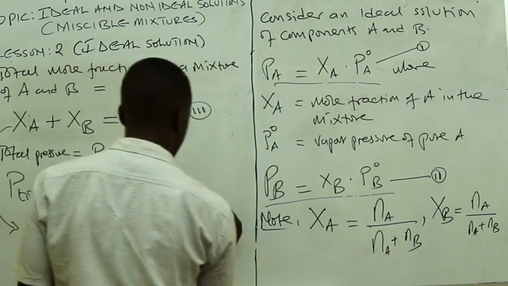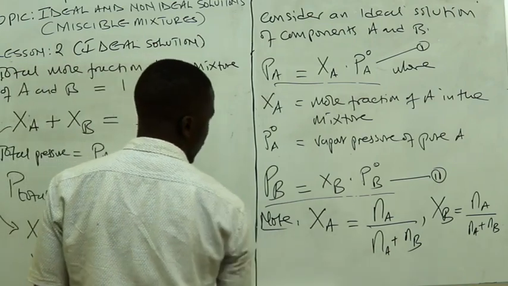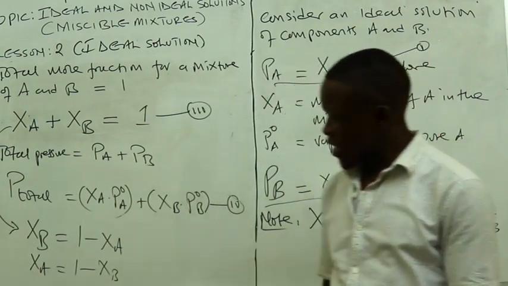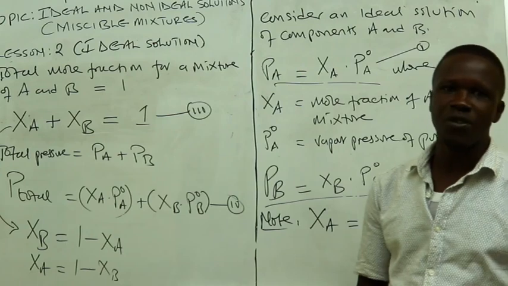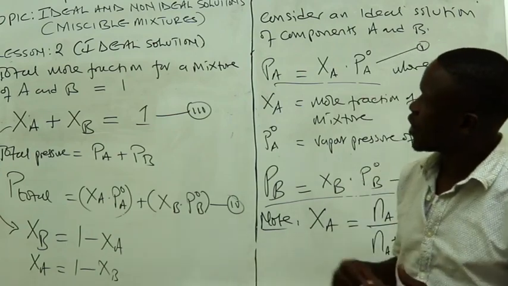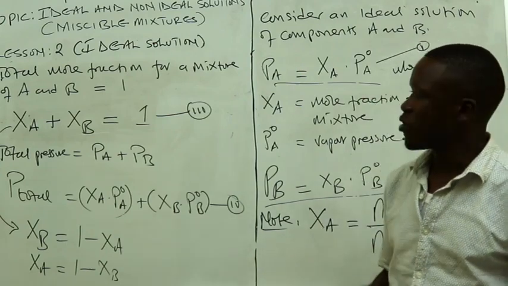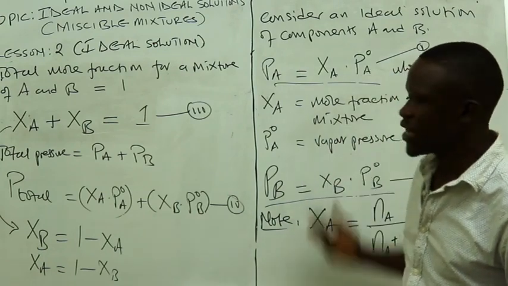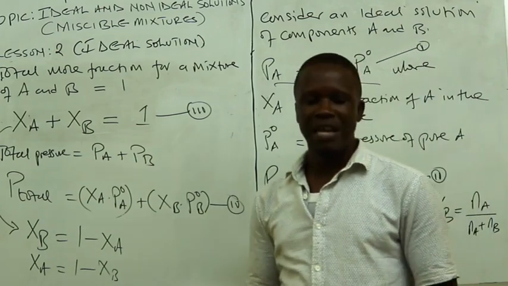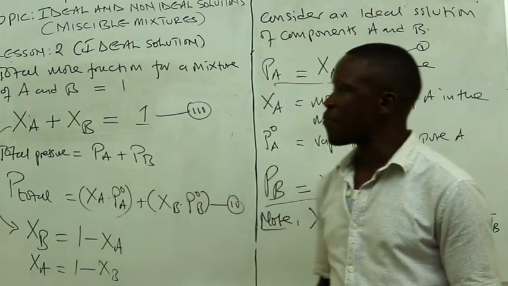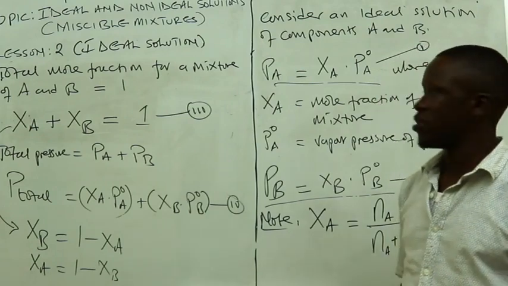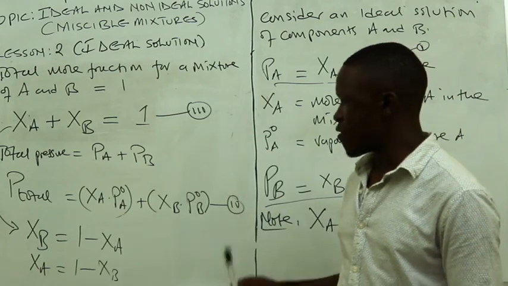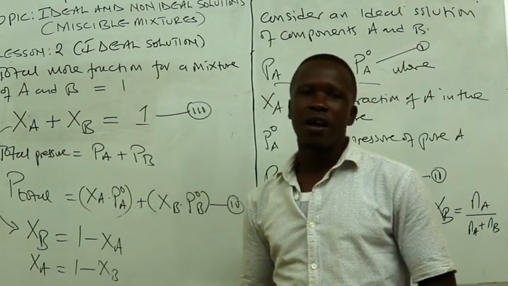We can also now look at this equation 4. All these equations are used in the calculations that we shall be seeing in lesson 3 about Raoult's law. However, these are the interpretations of what we call Raoult's law. And every time we are asked about ideal solutions, equations Roman 1, Roman 2, Roman 3, and Roman 4 should be at our fingertips.